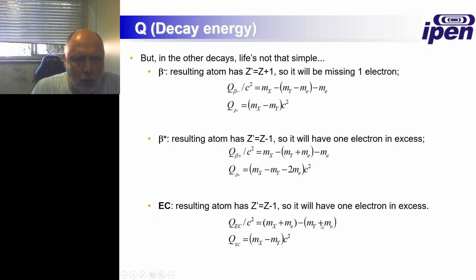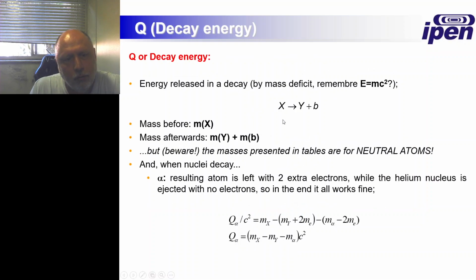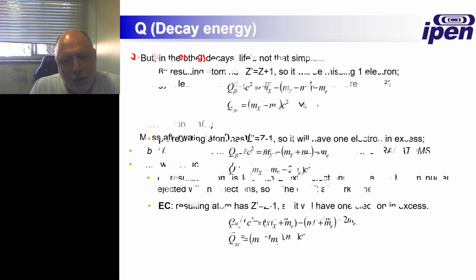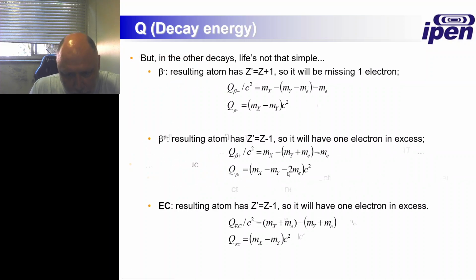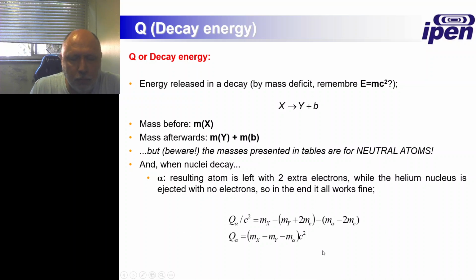You have Y plus an electron, because there's one electron that's now single there. And once again, it cancels out, and you just have to take care of this mass minus this mass.